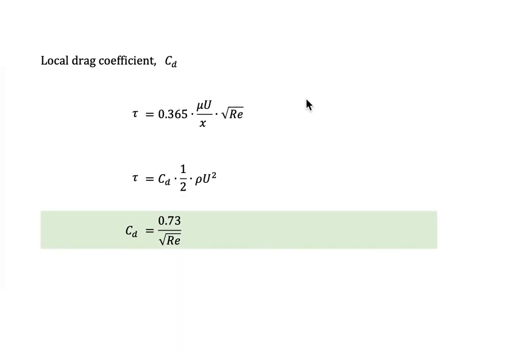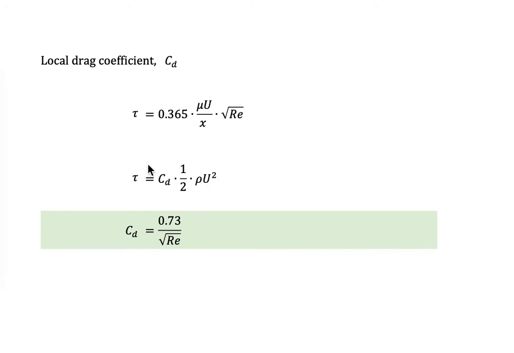Okay, let's go for local drag coefficient, C small d. As we know from the previous calculation, tau is 0.365 mu u over x times square root of Reynolds number, and from the common equation for local drag coefficient, tau is equal to C d times 1 over 2 rho u squared.